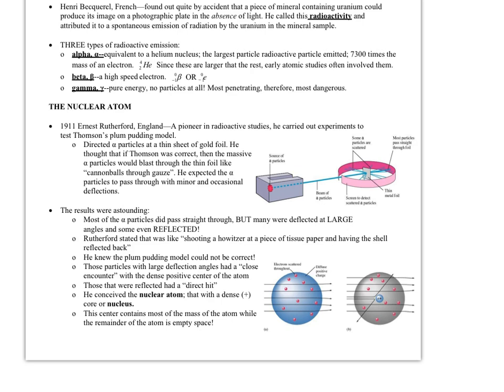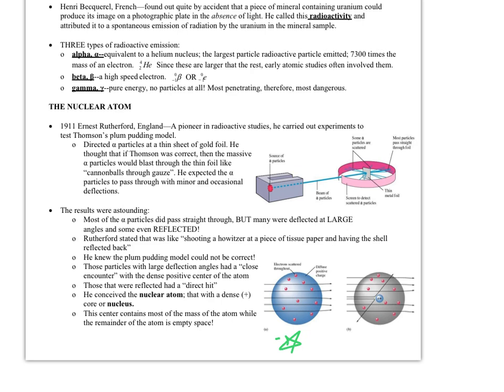He thought the alpha particles would pass straight through the gold foil, just like you see in this picture down here in the bottom right. So that's what he expected to see.